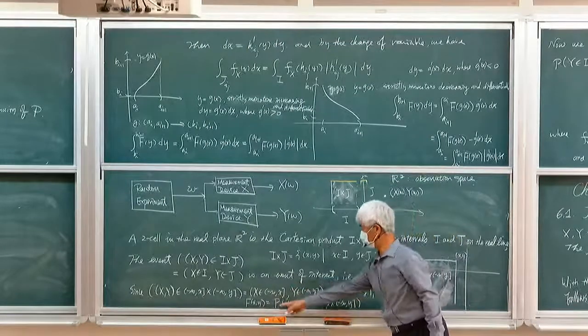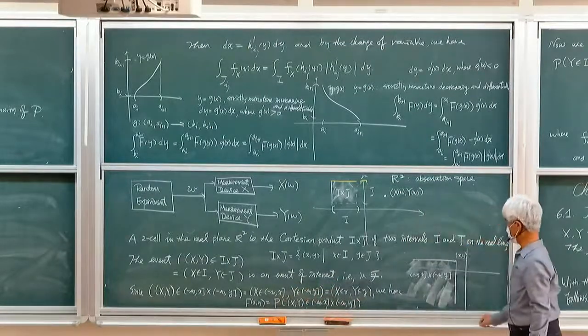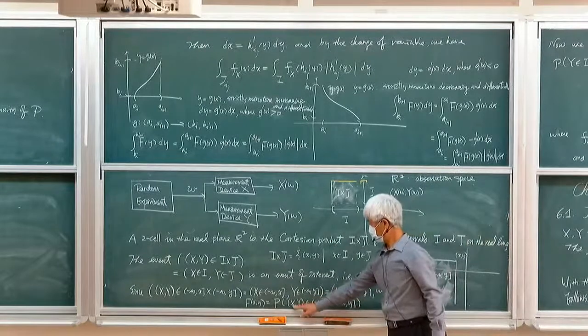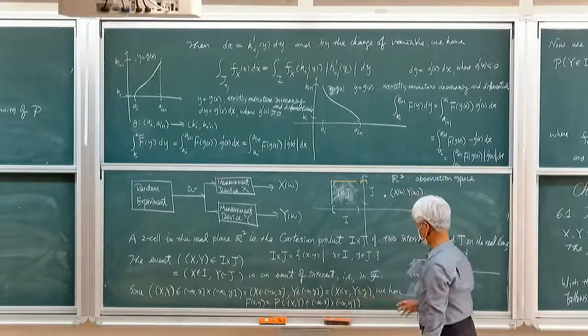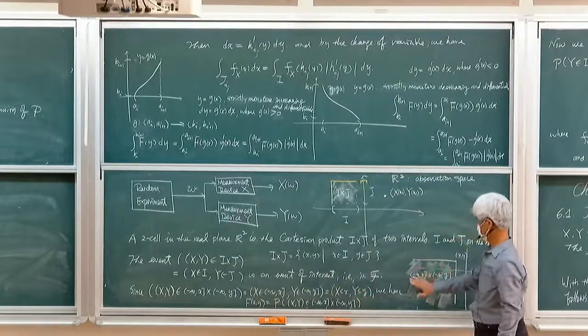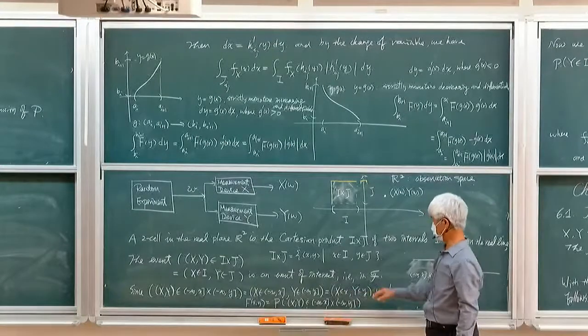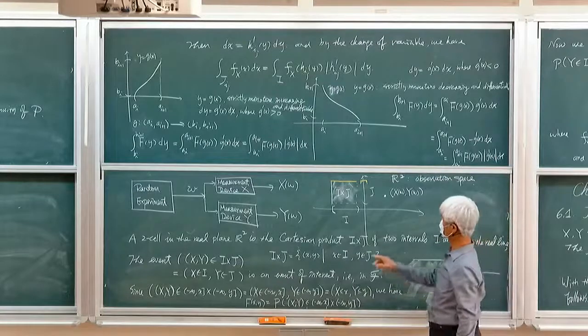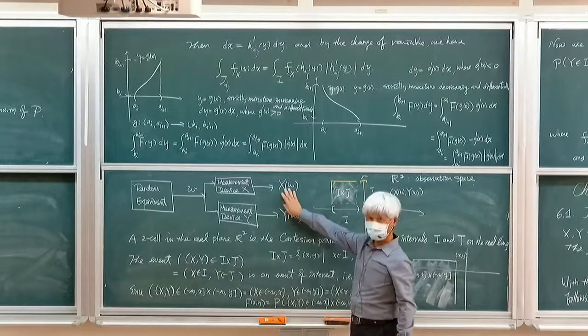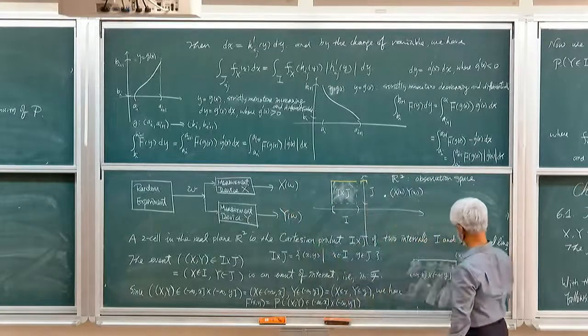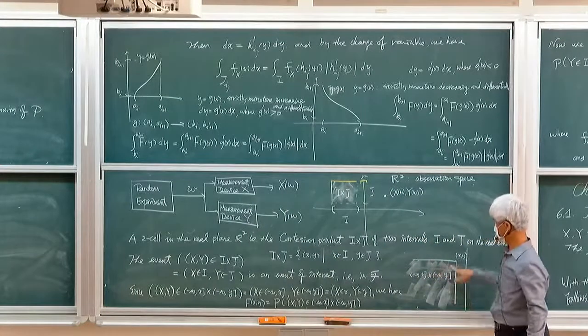So the joint CDF is the probability that the random vector is in this region. Okay. The probability that the measurement pair is located in this region, in these two cells.